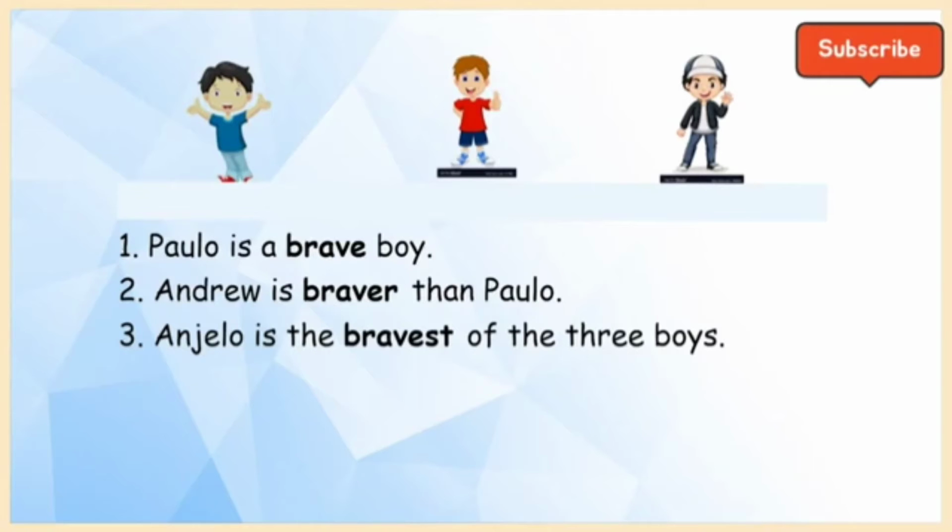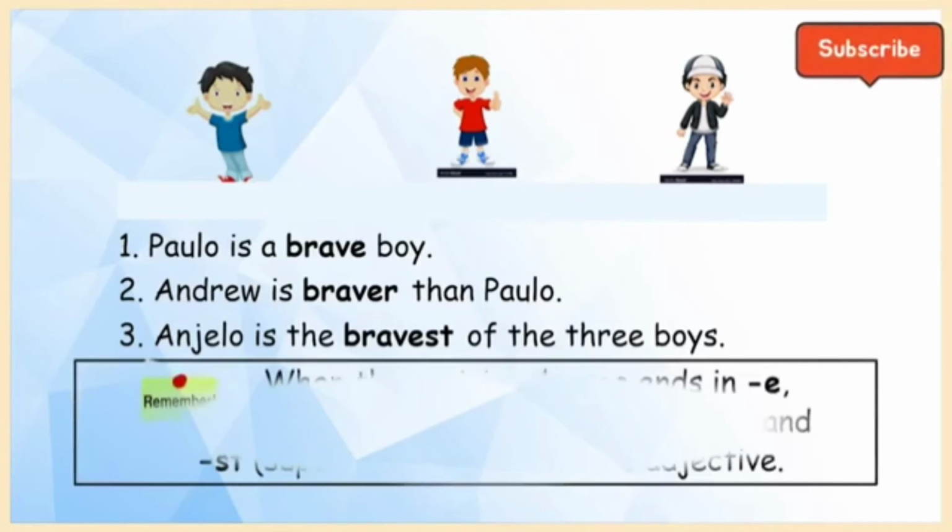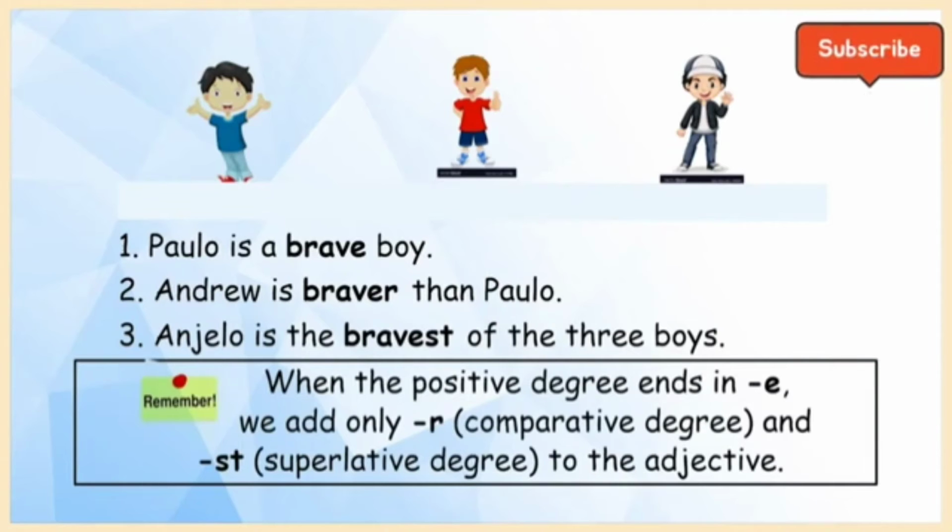In sentence 2, which is comparative, what is added to the word brave? In sentence 3, which is superlative, what is added to the word brave? When the positive degree ends in E, we add only R for comparative degree and ST for superlative degree to the adjective.